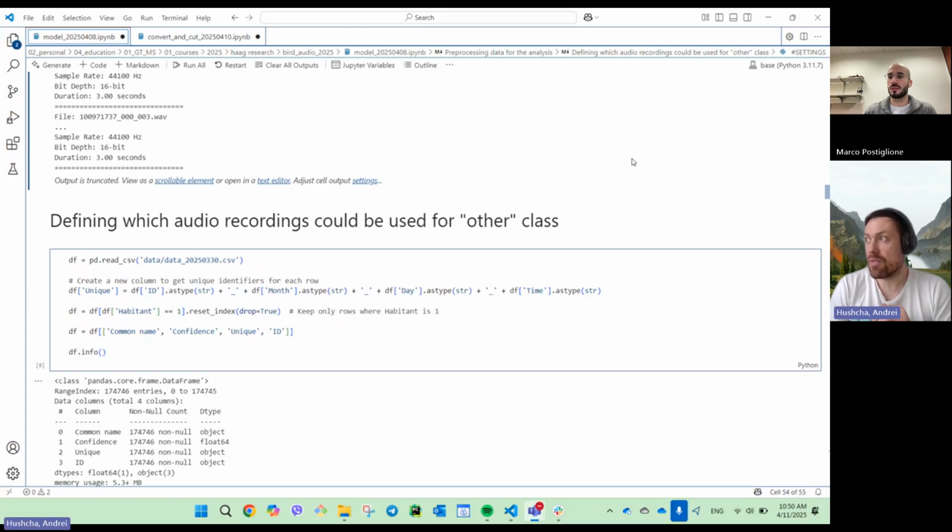The labels for the classification model: for Hume's Warbler, those labels are from Xeno-canto and iNaturalist, and BirdNet is also using those files. And we are labeling the other class using our field data, so BirdNet doesn't have this data at all. It is the field data we collected in India.